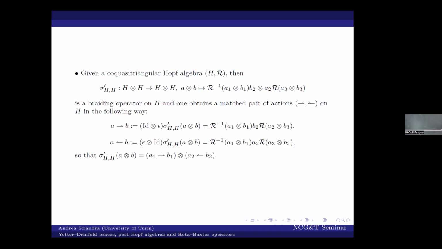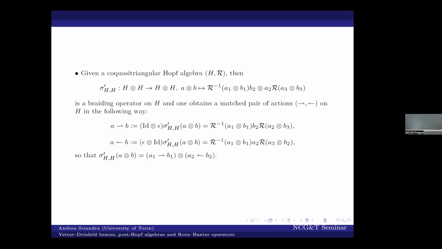But now the fact is that this braiding operator is exactly of this form here, obtained with a match pair of actions, where the match pair of actions are just retrieved by composing with identity tensor epsilon and epsilon tensor identity. So this is a braiding operator. If you compose it with identity tensor epsilon, you obtain a left action.